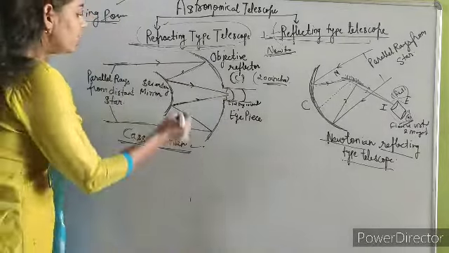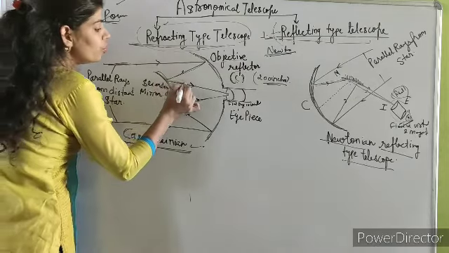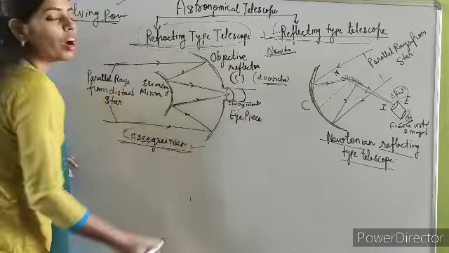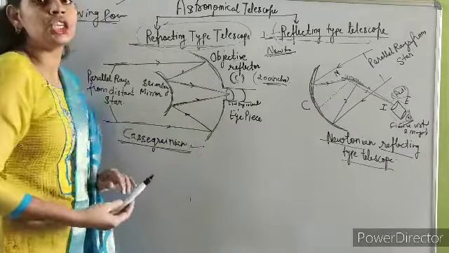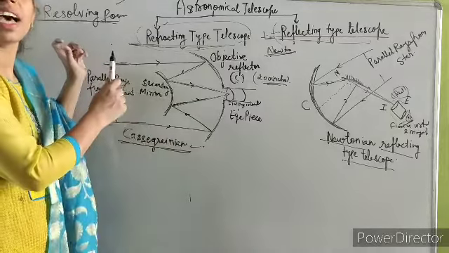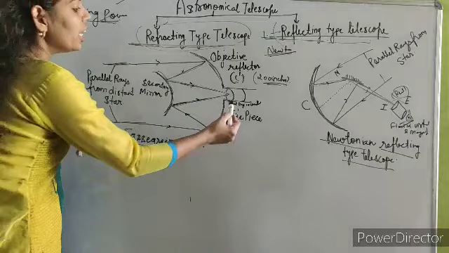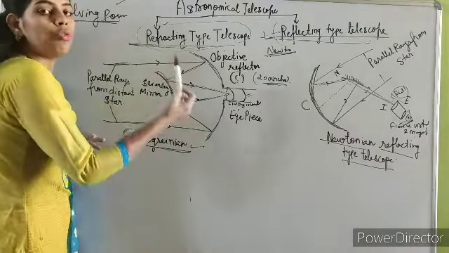So these rays reflected from this convex mirror will converge at a point in front of the eyepiece lens, and through this eyepiece we can see the final image of the object which is lying at a distance, or you can say at infinity.